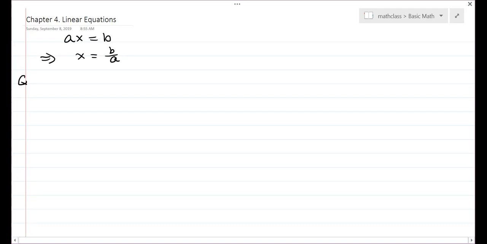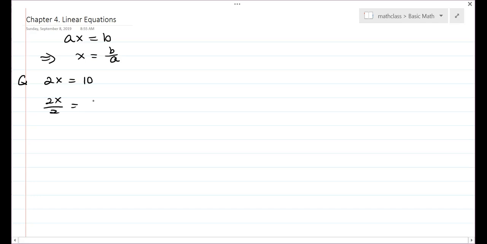For example, like 2x equals 10, right? So 2 times some unknown number is going to be 10. And of course, you can figure out, okay, I guess 2 times 5 is 10, so x equals 5. But what I want you to do is divide both sides by 2.